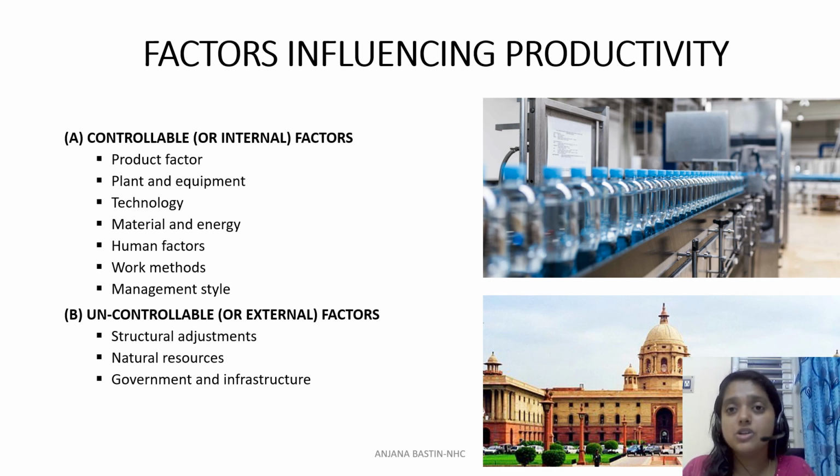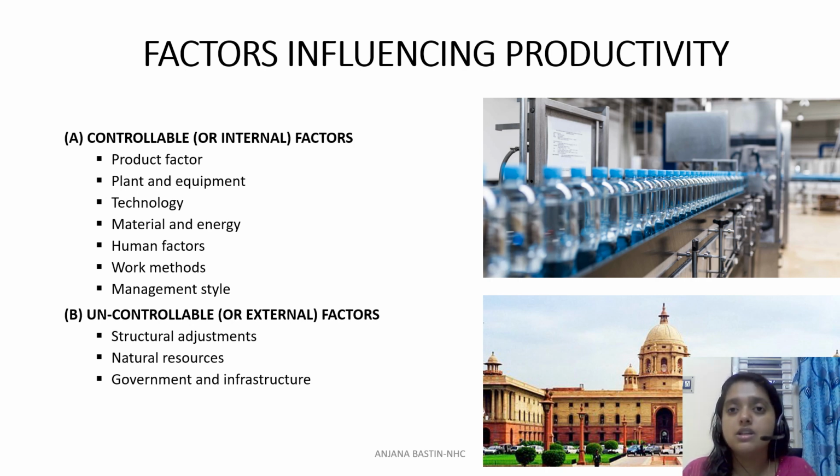So it's important to have certain inventory control methods in place. And even with respect to energy, there are industries which use a lot of energy, say your petroleum refineries and all of them. So it is very important they have a proper check on the material and the energy which is used.